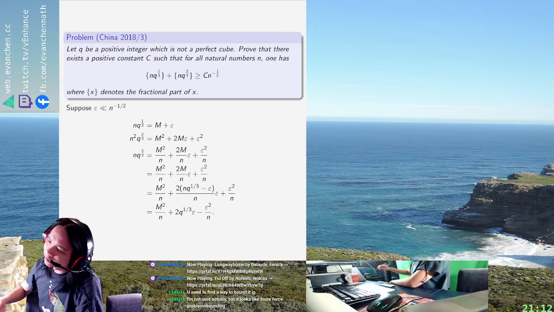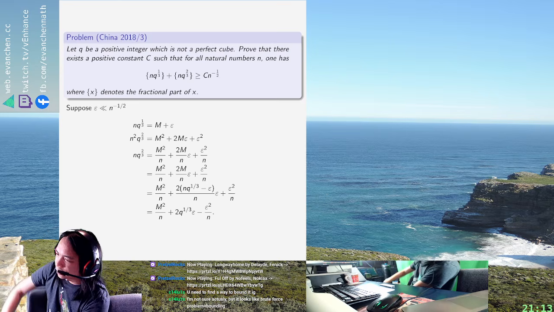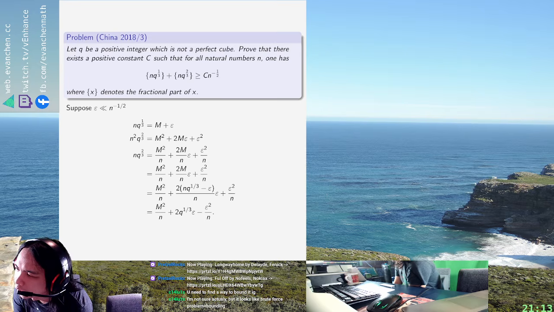Basically I'm trying to say if n times q to the 1/3 has small epsilon, then I want q to the 2/3 to have small epsilon as well. But I don't see this happening. Epsilon is greater than 0.